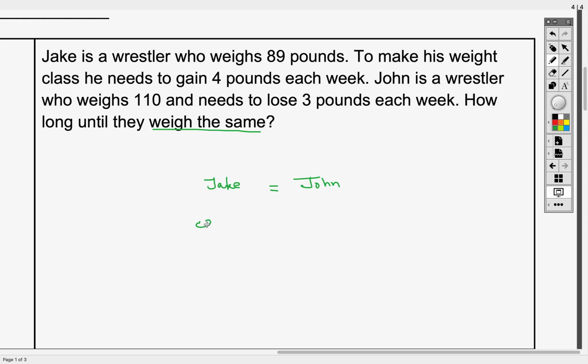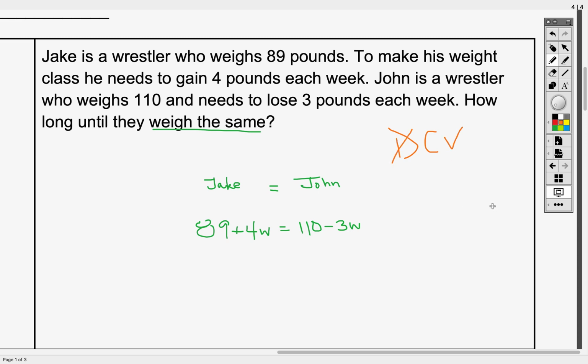So Jake is 89 pounds and he's gaining 4 pounds each week. John is 110 pounds and he needs to lose, so that means he's subtracting 3 pounds each week. Now we're going to distribute, combine like terms, move our variables to the left.